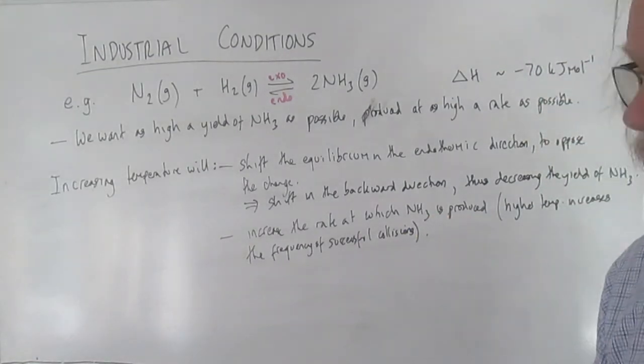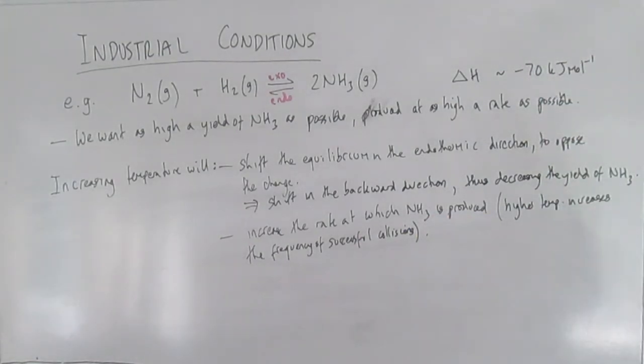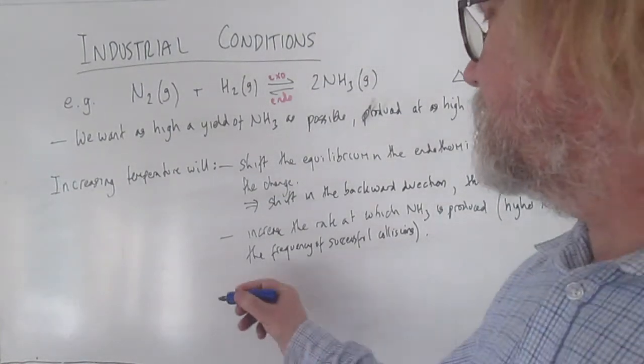So you can see that they're in conflict. Equilibrium considerations are saying go low in temperature, but kinetic considerations, things to do with rate, are telling you go high.